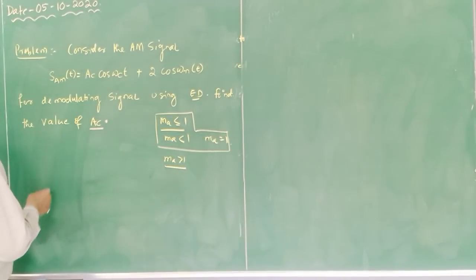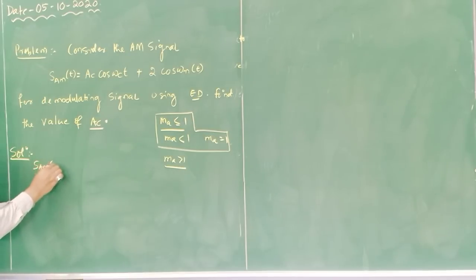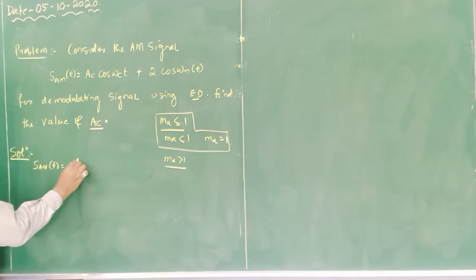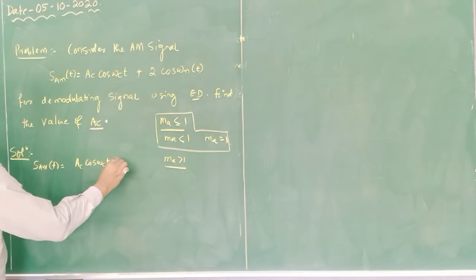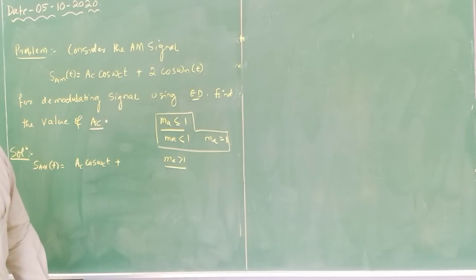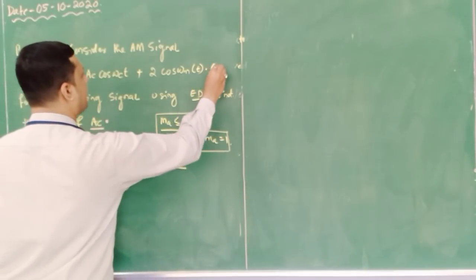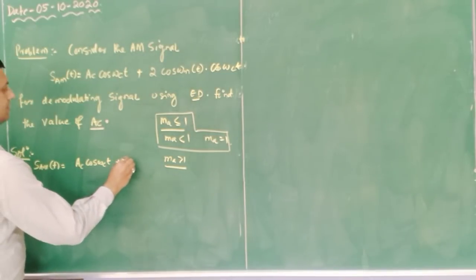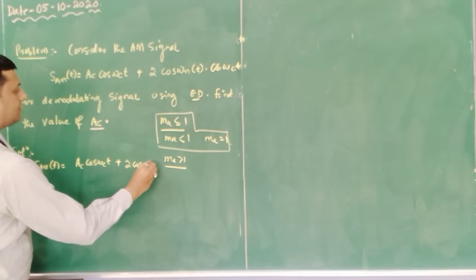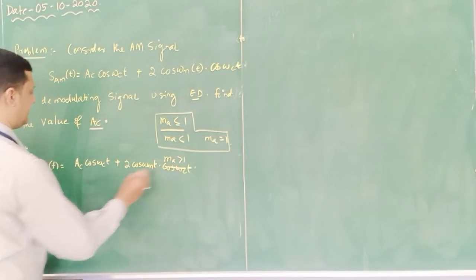Now, as per the given question, the AM signal is equal to A_C cos omega_c t plus, here cos omega_c t is also available because it is a modulated signal, so 2 cos omega_m t into cos omega_c t.